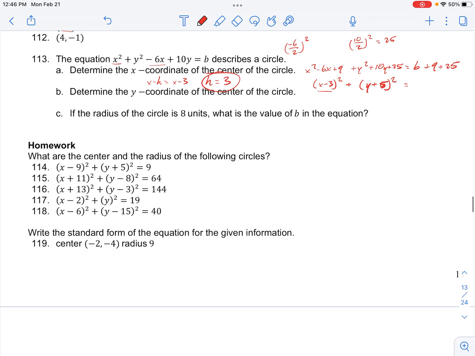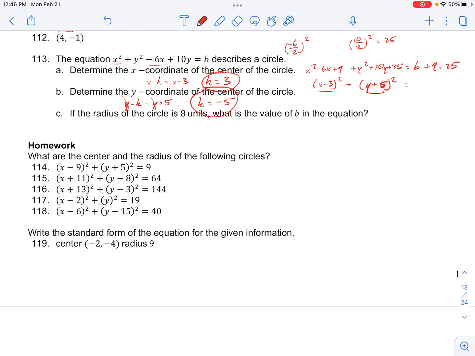Now if this y minus k is equal to our y plus 5 here, then we know that k is equal to negative 5. So the y-coordinate of the center of the circle is at negative 5.